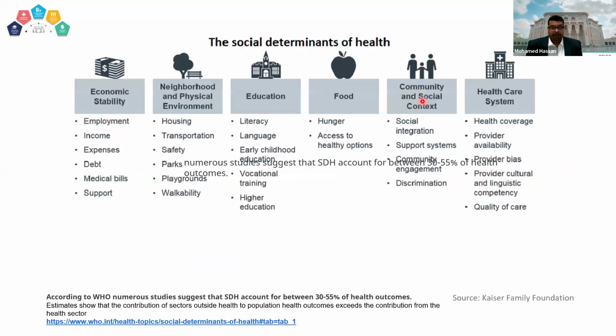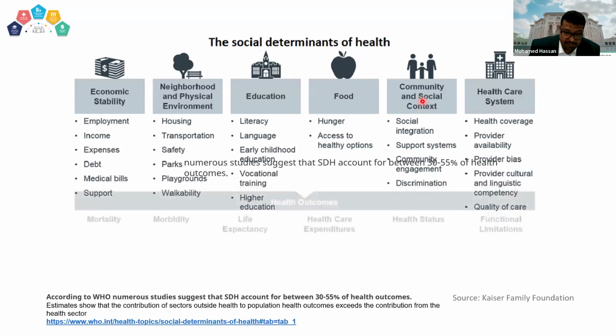According to the WHO, numerous studies suggest that social determinants of health account for between 30 to 55% of health outcomes. And also, data from the WHO estimates that the contribution of sectors outside of health to population health outcomes exceeds the contribution from the health sector.